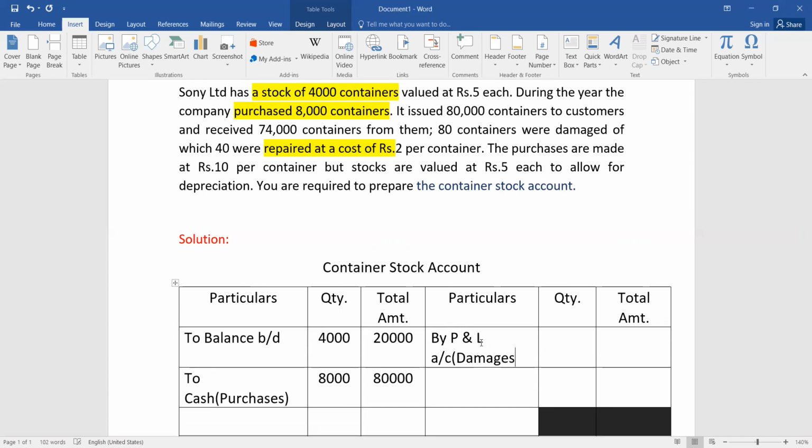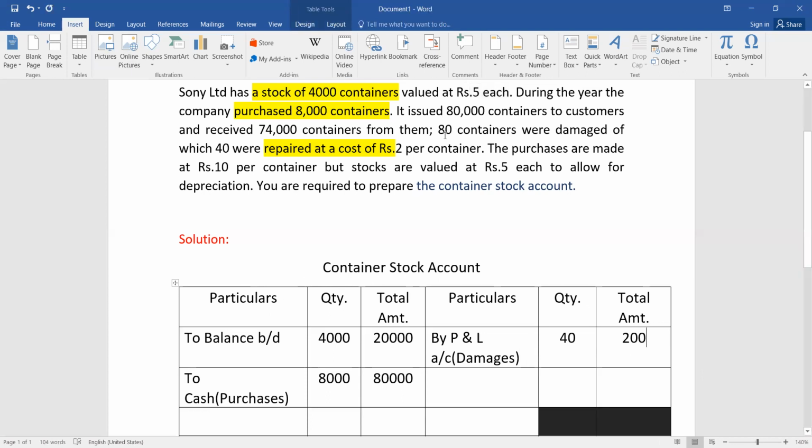So the damages are 80 minus 40, that is 40, and the cost is at the opening stock value price. The opening stock is valued at 5 rupees, so we take it as 40 into 5, which is 200.